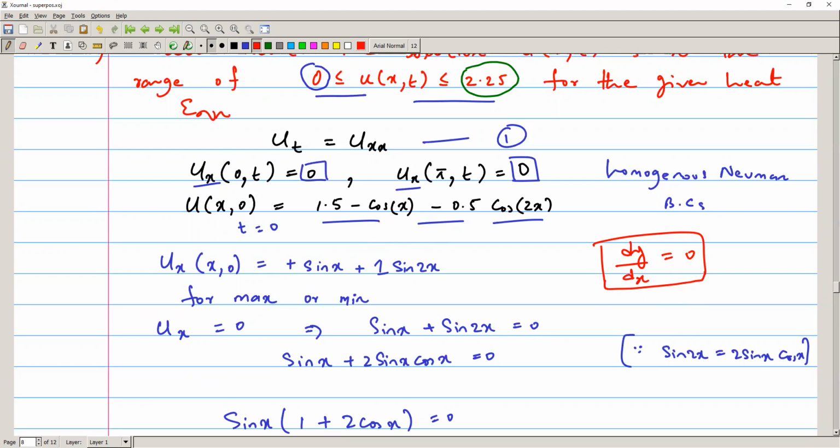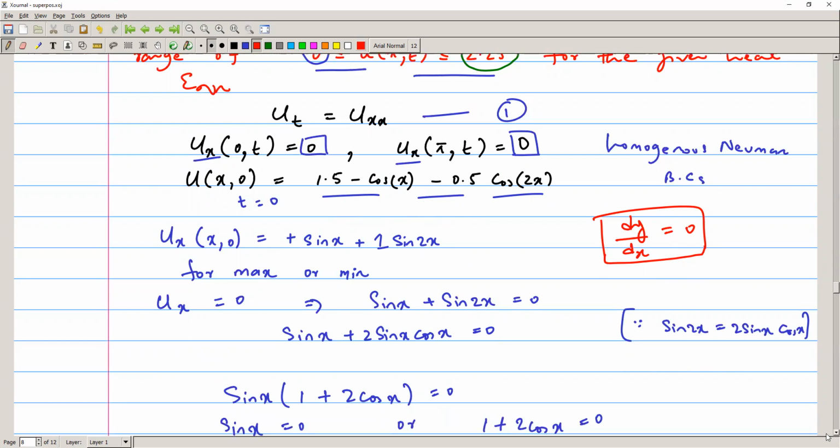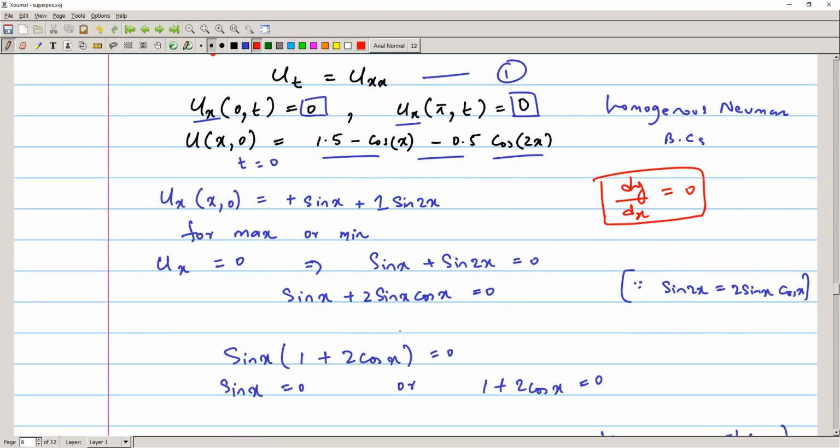We differentiate cosine x, and because of the negative sign we get positive sine x, and then negative 0.5 times cosine 2x will give sine 2x, right? For maximum or minimum, we need to equate this with 0, and then we will find the values of x in terms of pi.